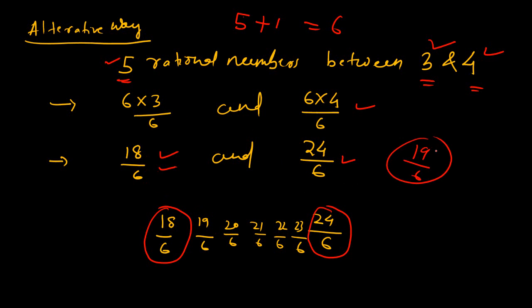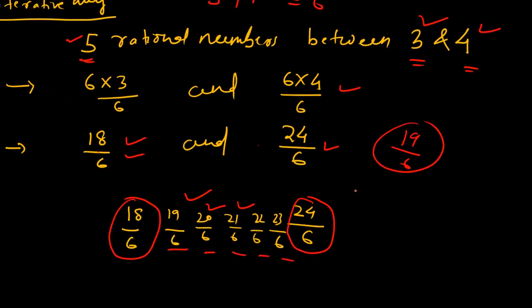So this is one rational number between these two. You can go on incrementing by 1: 19 by 6, then 20 by 6, and then 21 by 6. Ensure that the denominator is the same. We are simply incrementing from 19 to 23, and that's how you got 5 rational numbers.